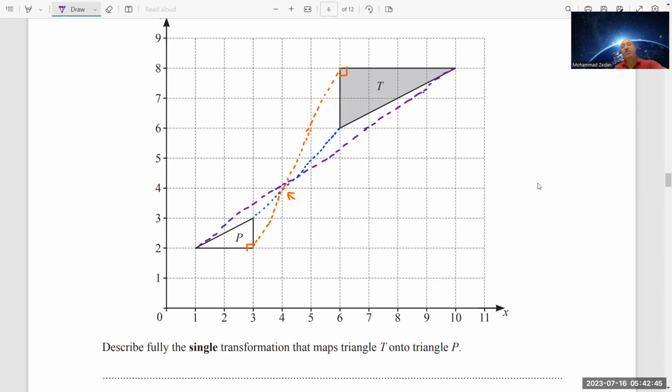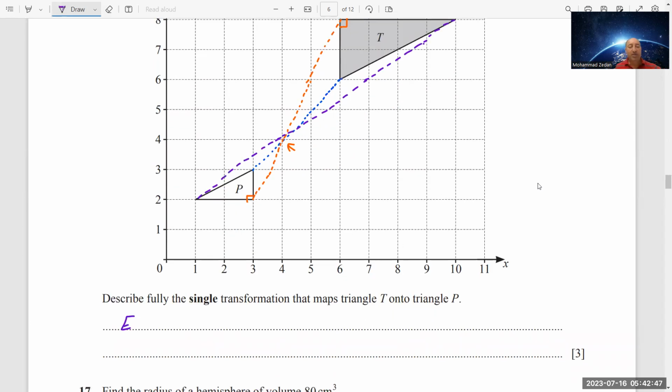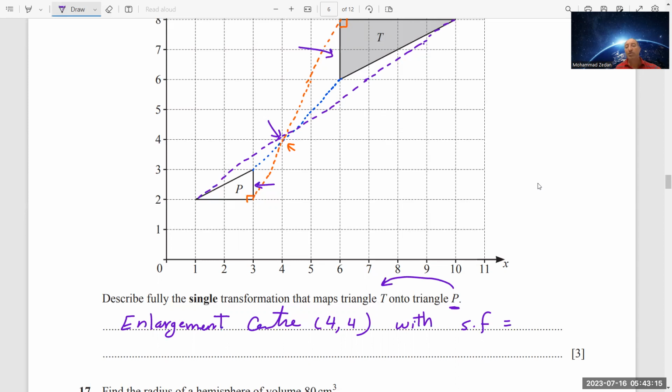So what happened here? This is an enlargement, center (4, 4), this point, with scale factor. When you find the scale factor, divide any side in P, the image, by the corresponding side in T. So this side in P is 1, and the corresponding side here is 2, so it's 1/2.